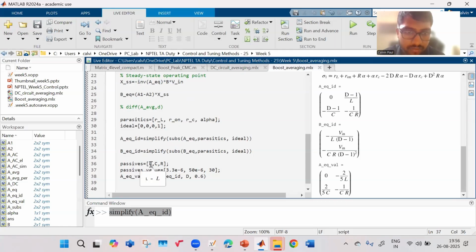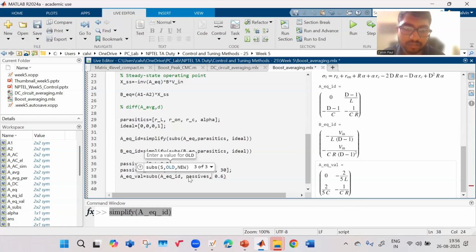And let us add D also over here to make it simple, 0.6. So we have to just put passives and passives value. Let us run it.